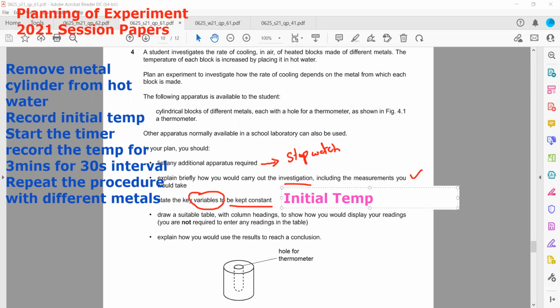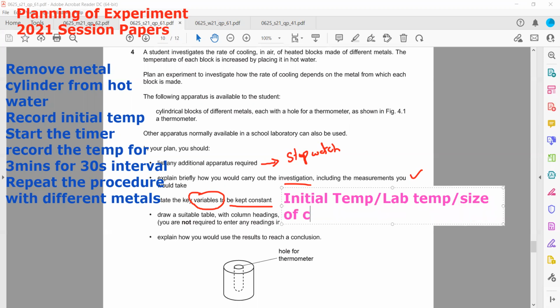Second, the rate of cooling also depends on the temperature of the surroundings. So the lab temperature, or the room temperature, should be the same throughout the experiment. Then the size of the metal cylinder, or the mass of the cylinder we are using, should also be the same, because if the size is different, they will have a different rate of cooling. The rate of cooling can be affected by size as well.